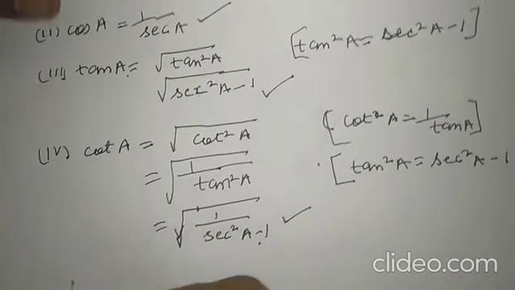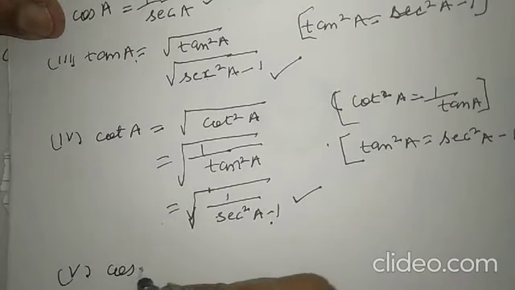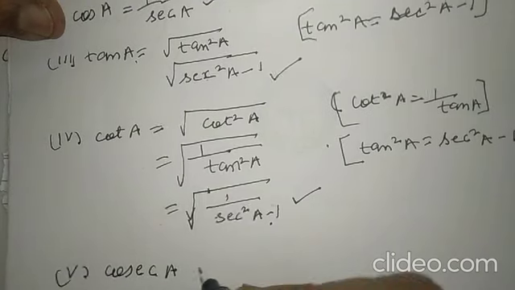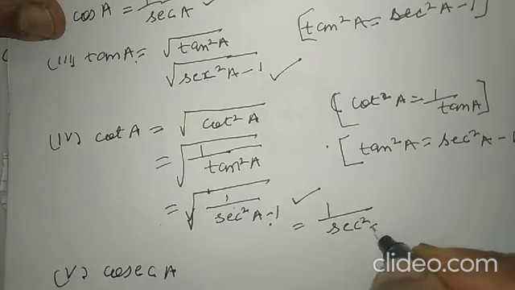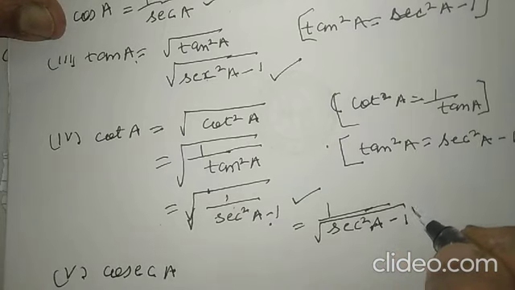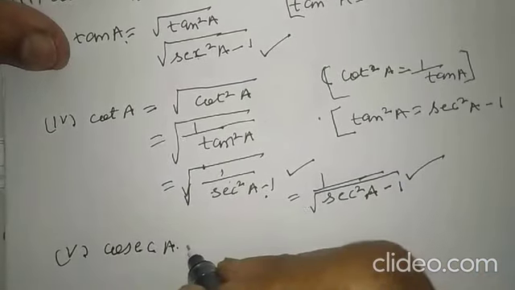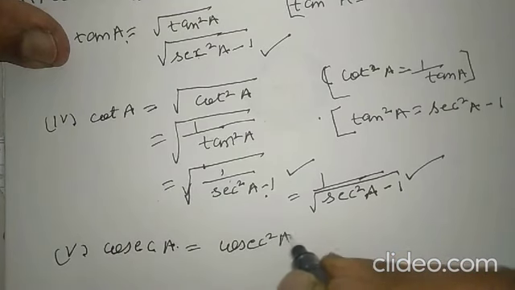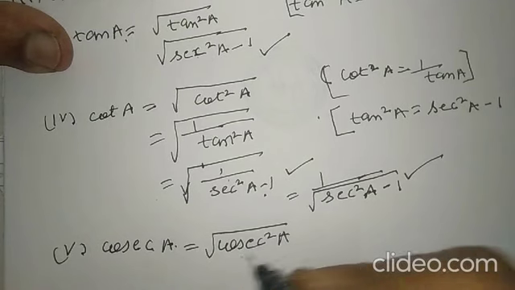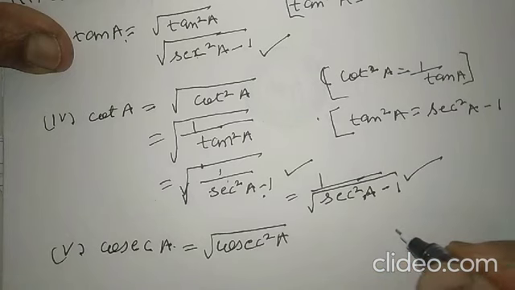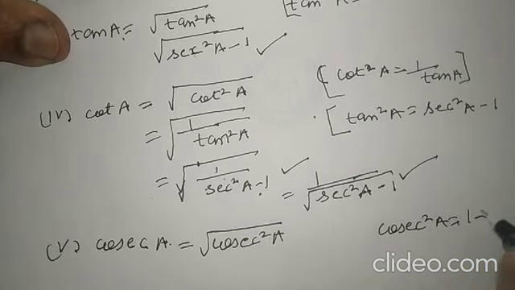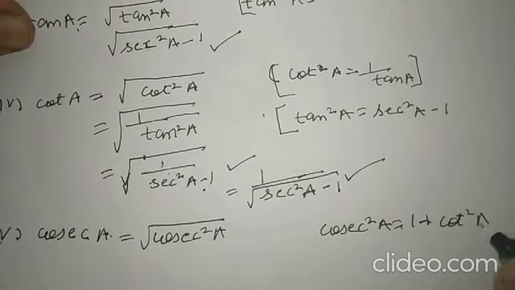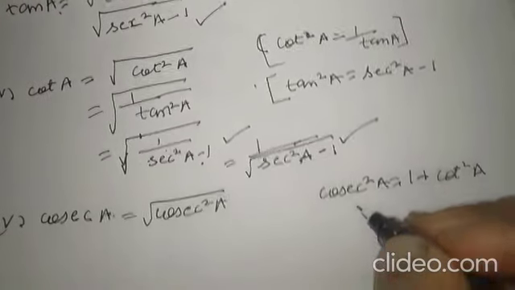Now let us go to cosec A. Cosec A can be written as root of cosec square A, and we know the identity for cosec square A is cosec square A is equal to 1 plus cot square A. Now we will replace this cosec square by 1 plus cot square.